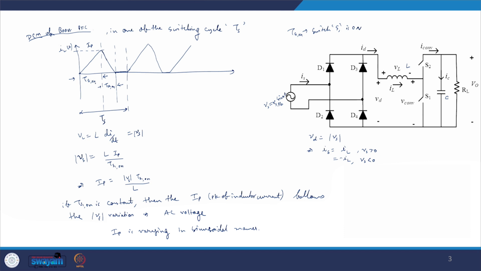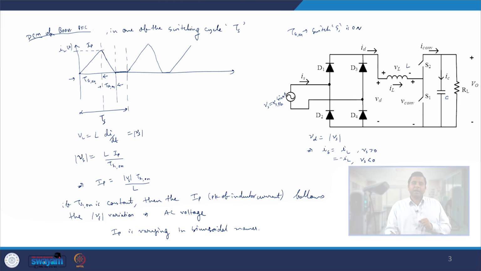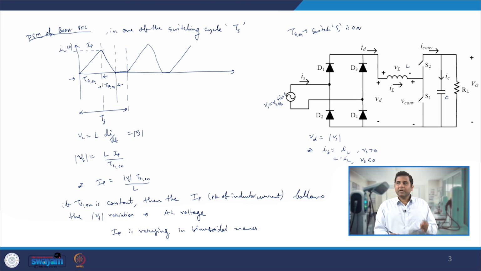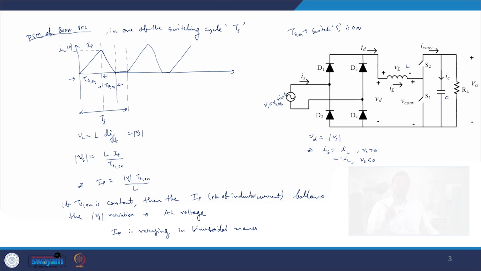And if that happens, then I do not need any multiplication or high computational burden blocks, and thus I can ensure that my converter is following the voltage, or you can say the converter is operating in the voltage follower mode. We know that our input voltage is varying sinusoidally, so the current being drawn is also following the input AC voltage.